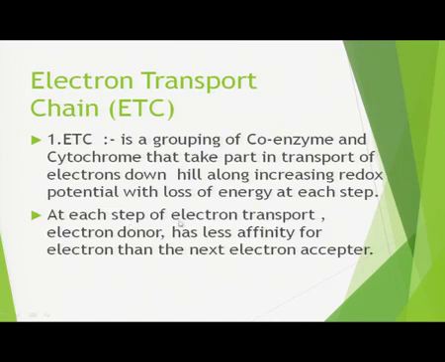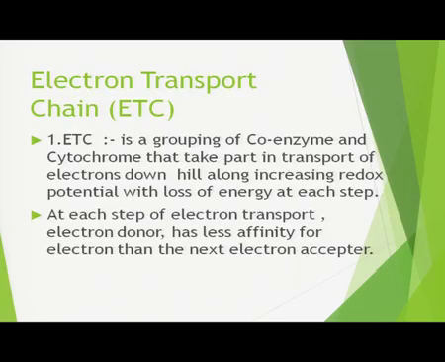At each step of electron transport, the electron donor has less affinity for the electron than the next electron acceptor. What is the group of different coenzymes and cytochromes?